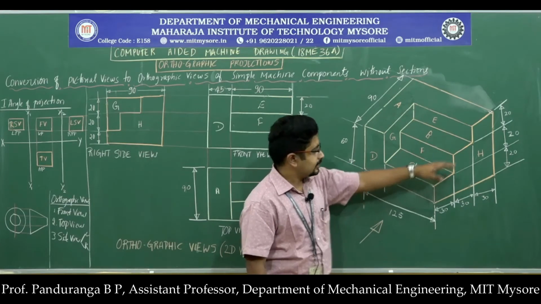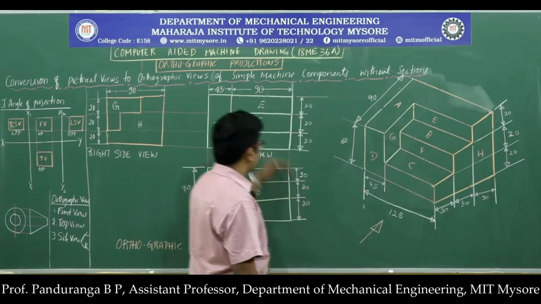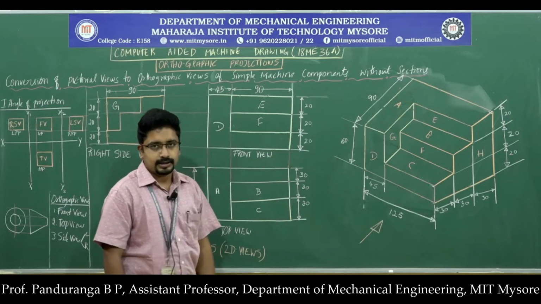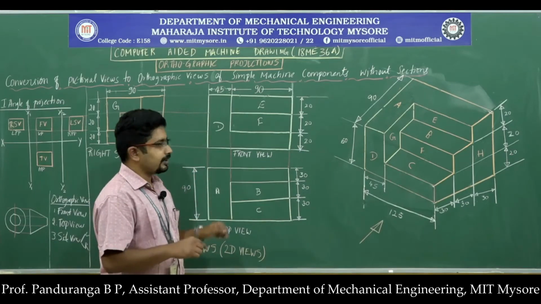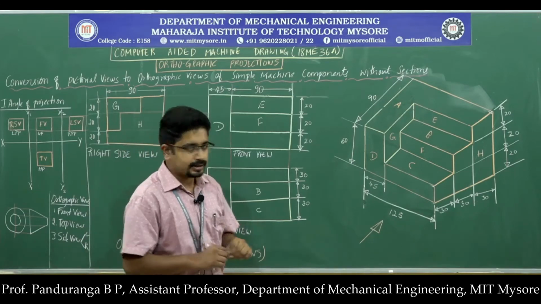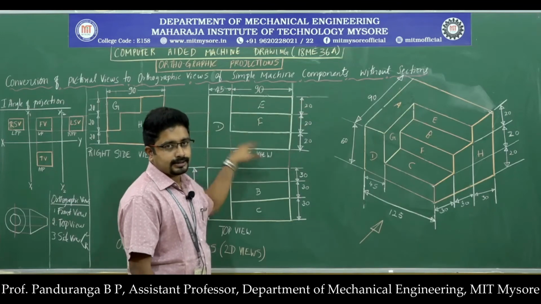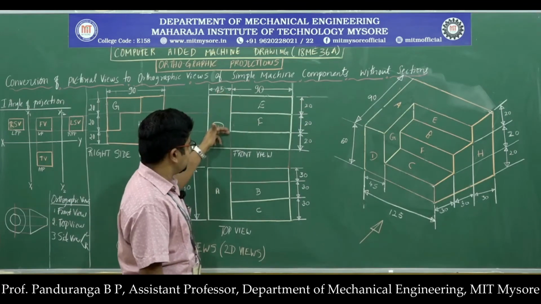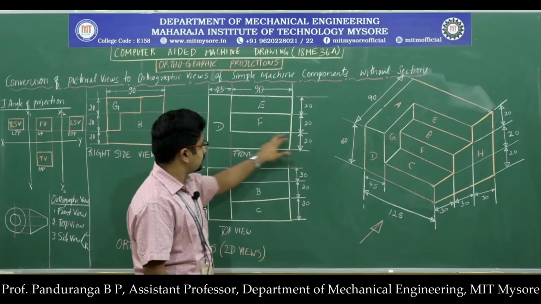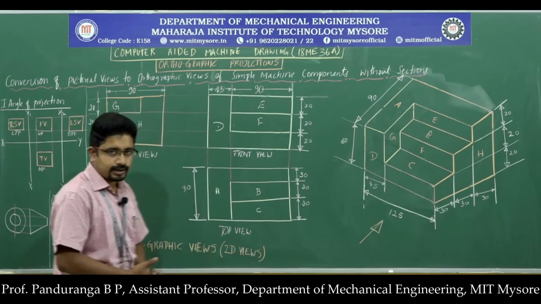For that again it is at a distance of 20 mm from this front edge. So from this I will measure 20 mm and then I will draw a line. Okay, now I have written the front view. Now I need to identify the visible edges and I need to darken them. So the exterior ends will be visible, so I will darken them, and from here till here it will be visible, so I will darken this, and from these two lines I will darken. That will complete our front view.